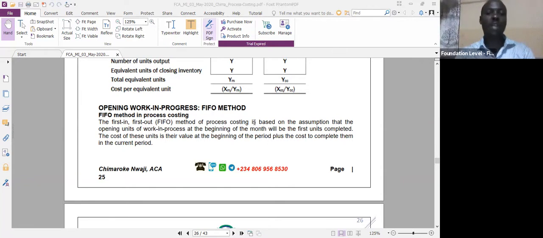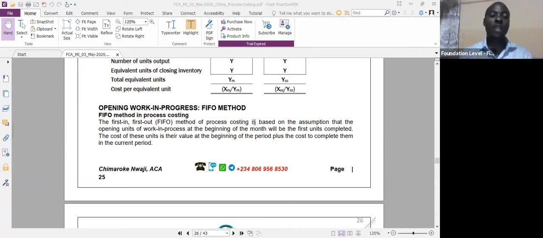Okay, so now that we've done the weighted average method, we see that we are using the same costs for the units. We are not separating opening stock, opening work in progress from quantities that are done during the units and during the process or during the month.